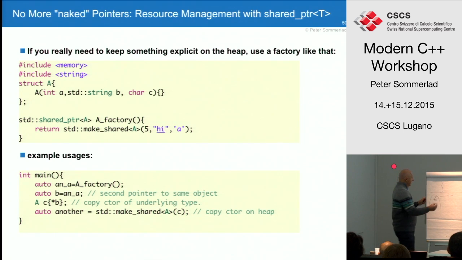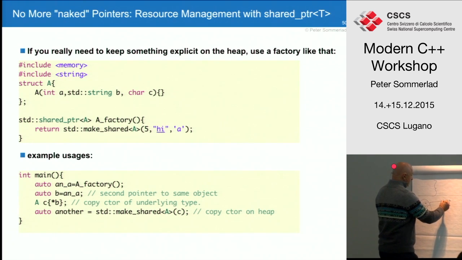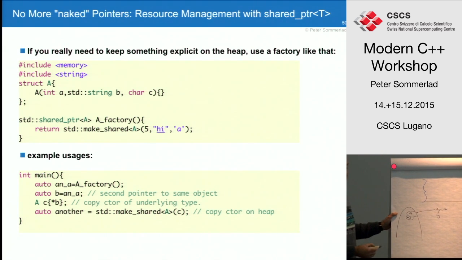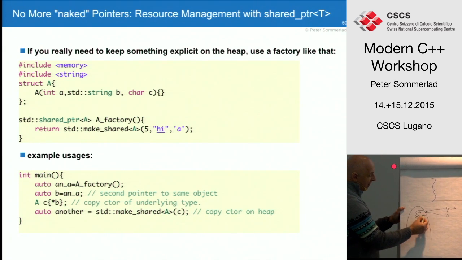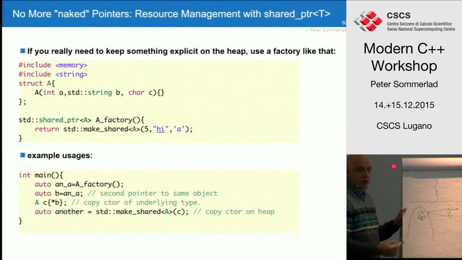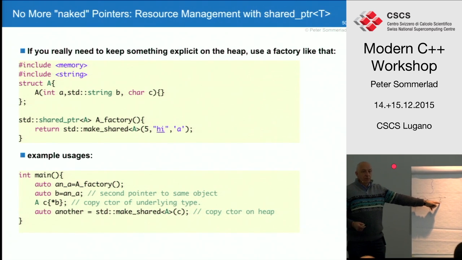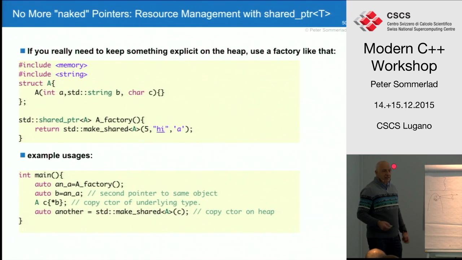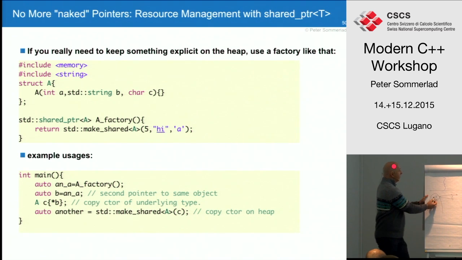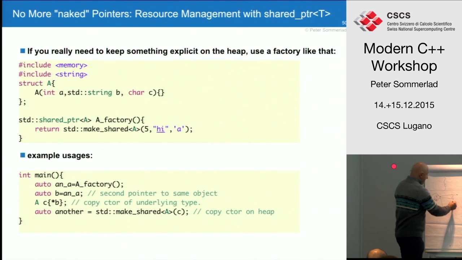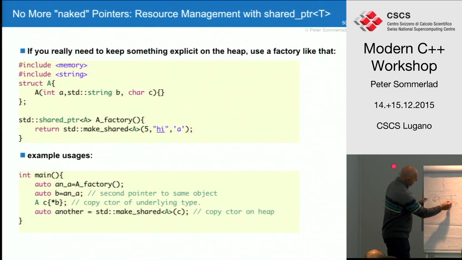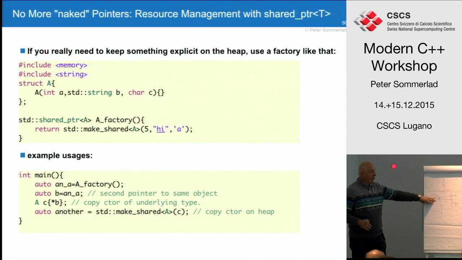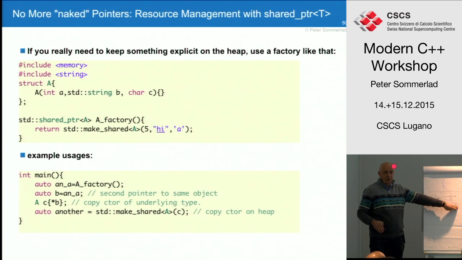Now we get another shared pointer, B, that we make equal NA. So B also refers to that A, and the reference count goes to 2, because we now have 2 shared pointers referring to the same object on the heap. Now on the stack we create a C object that is a copy of what B is referring to. So C is actually its own copy of an A, nothing to do with the shared pointers. It's a new object on the stack.